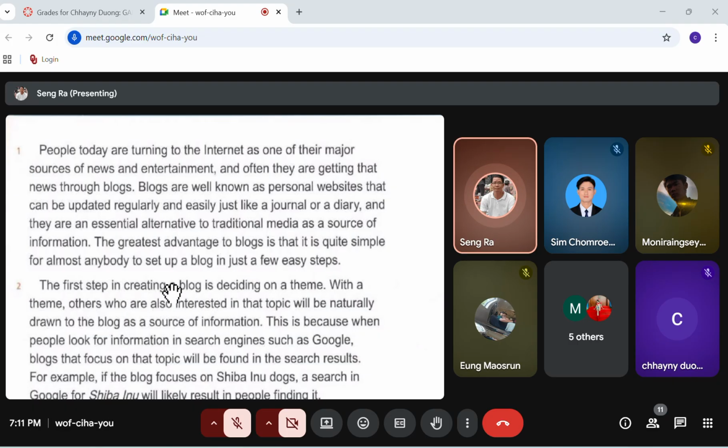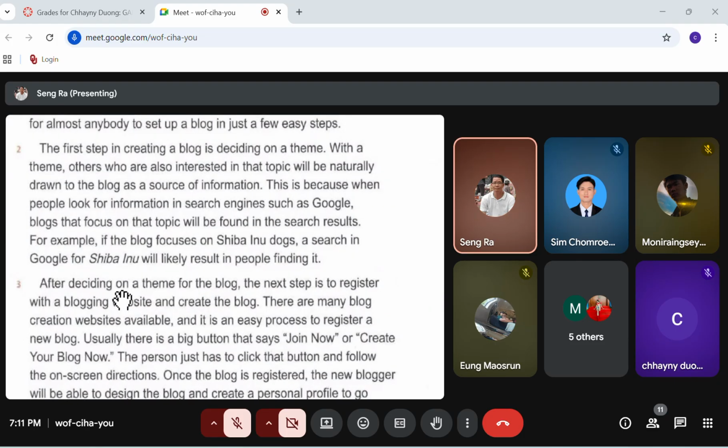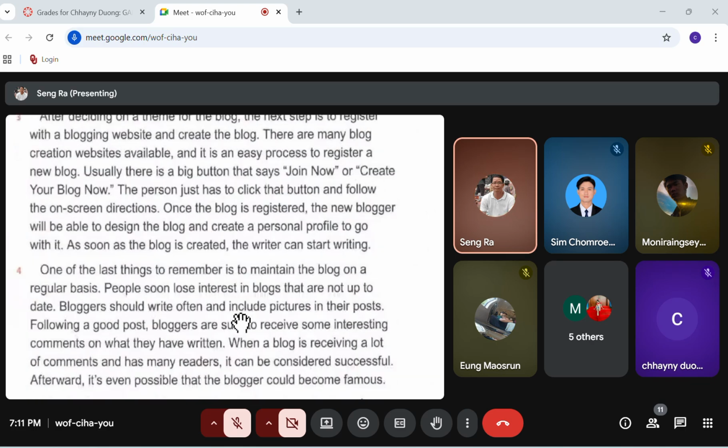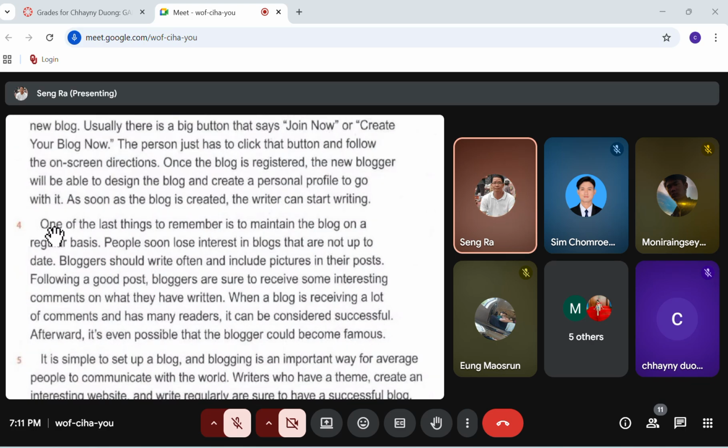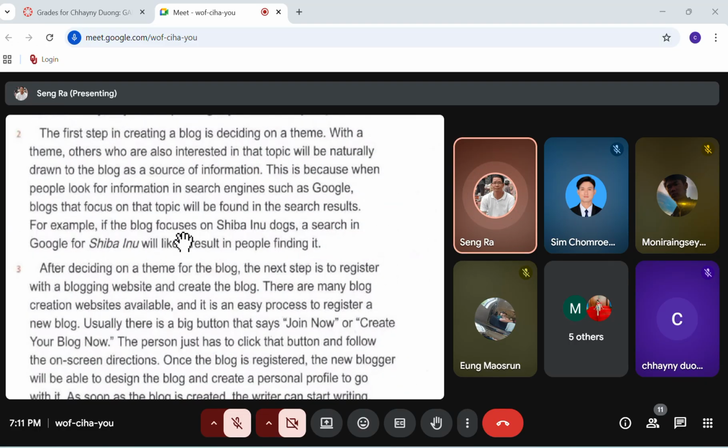The first step is deciding on the theme of the blog. Then the second step, and then the last step, step 3. One of the last things to remember is to maintain a blog. So this is the organization.